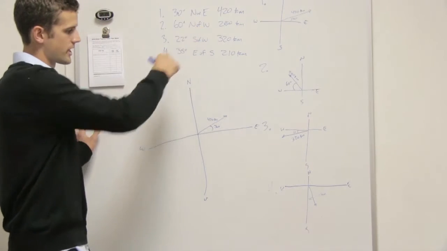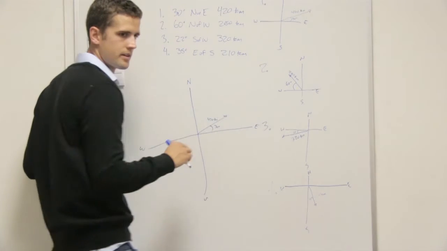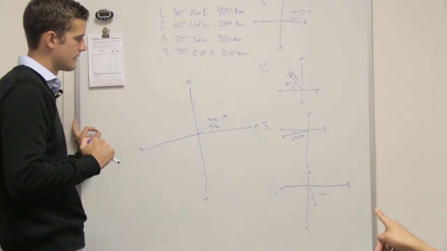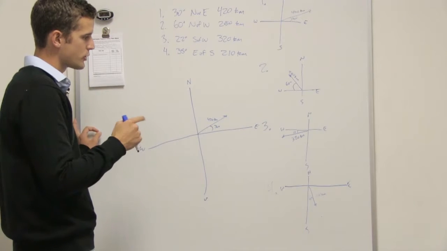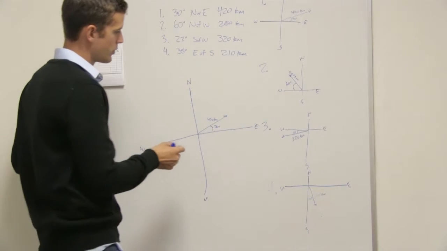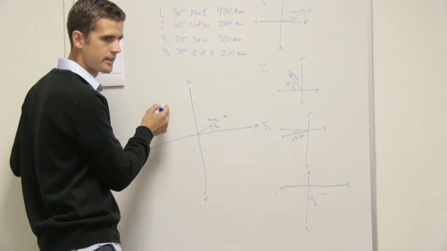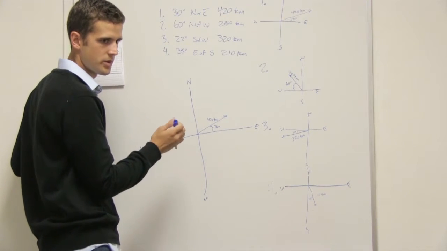So that's our first section, right? Now what do we do with this vector? We want to see the actual path of the plane. So we can draw it here, like we did in the picture. Where would give you a better idea of what the plane is doing?